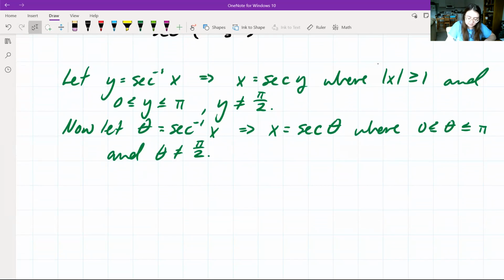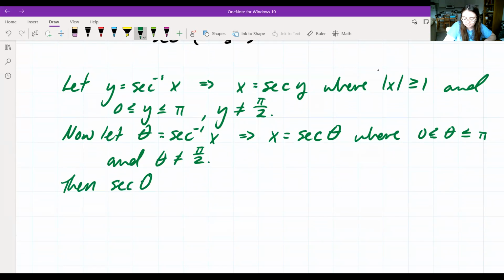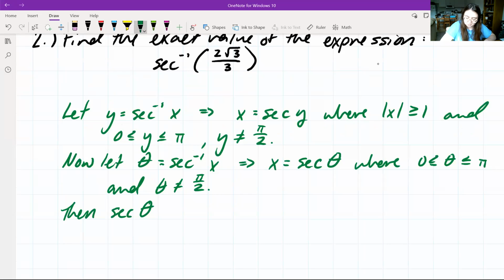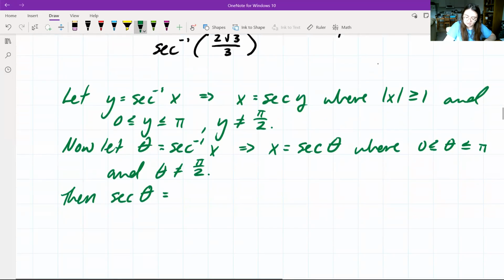So then this means that secant of theta is going to be equal to 2 square root 3 over 3.